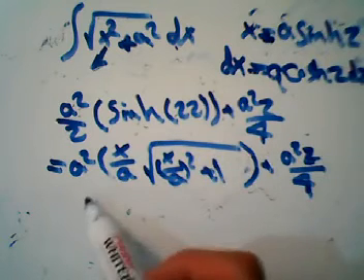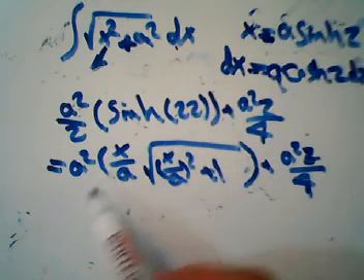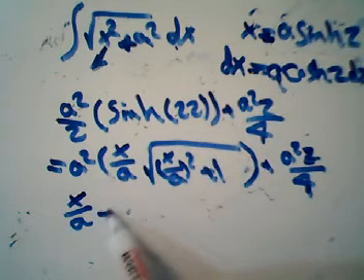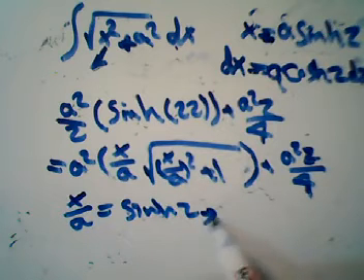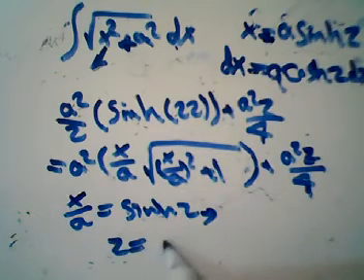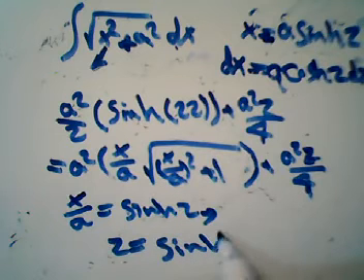Okay, what is z? According to here, x over a is sine hyperbolic of z. So z would be what? Z would be the inverse function of sine hyperbolic of x over a.